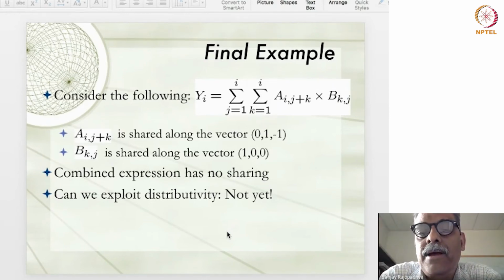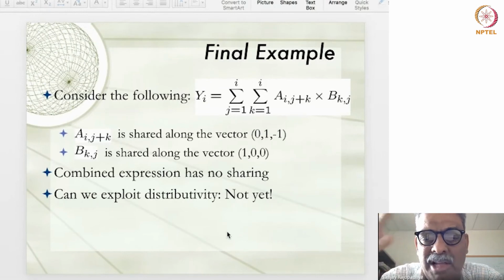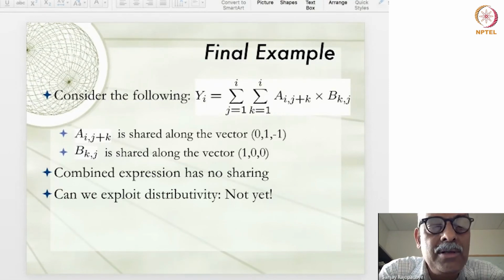I have a 3-dimensional index space, right? Because I'm computing a 1-dimensional answer y indexed by i, and I'm doing sigma j, sigma k. Agreed? So there are these 2-dimensional slices along jk.